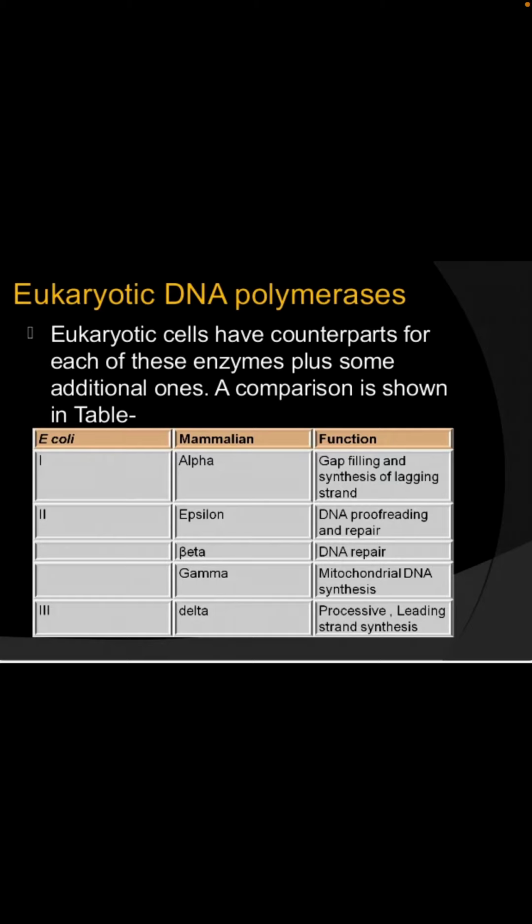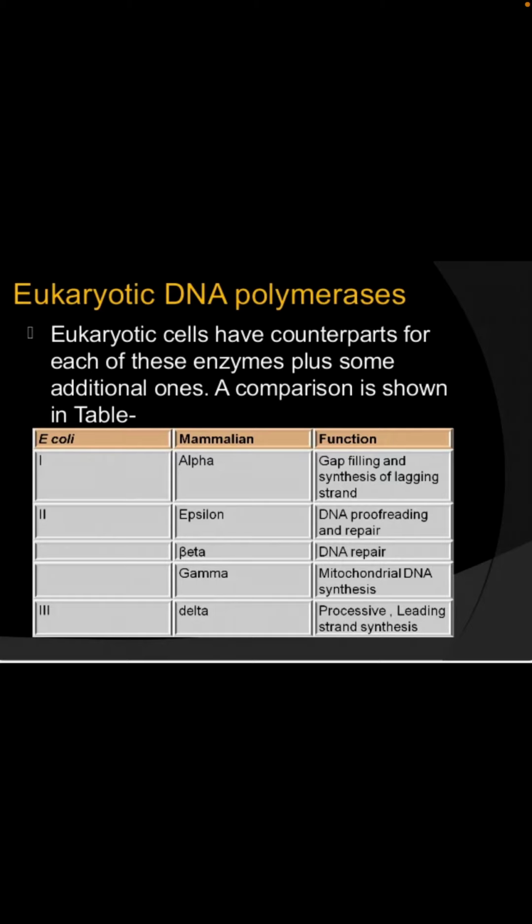Like in E. coli, polymerase 1 functions in gap filling and synthesis of the lagging strand. The same function is done in mammalian cells by alpha polymerase, while 2 would be replaced with the name epsilon in the case of mammalian cells, and 3 will be delta.